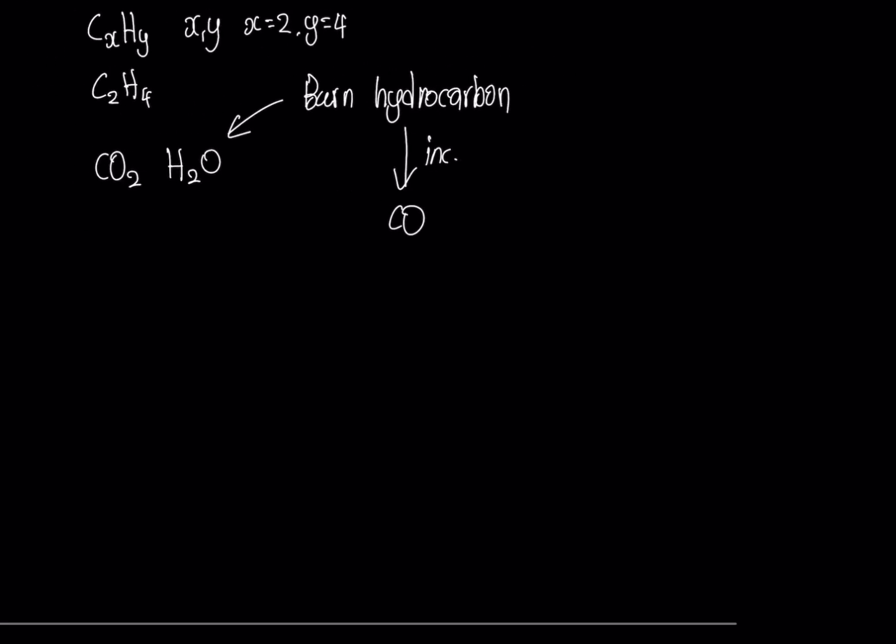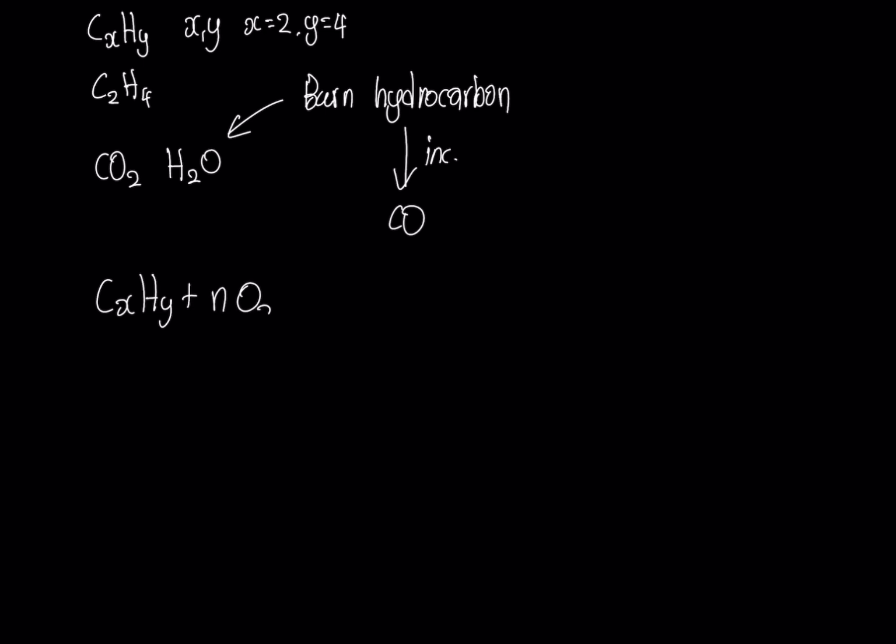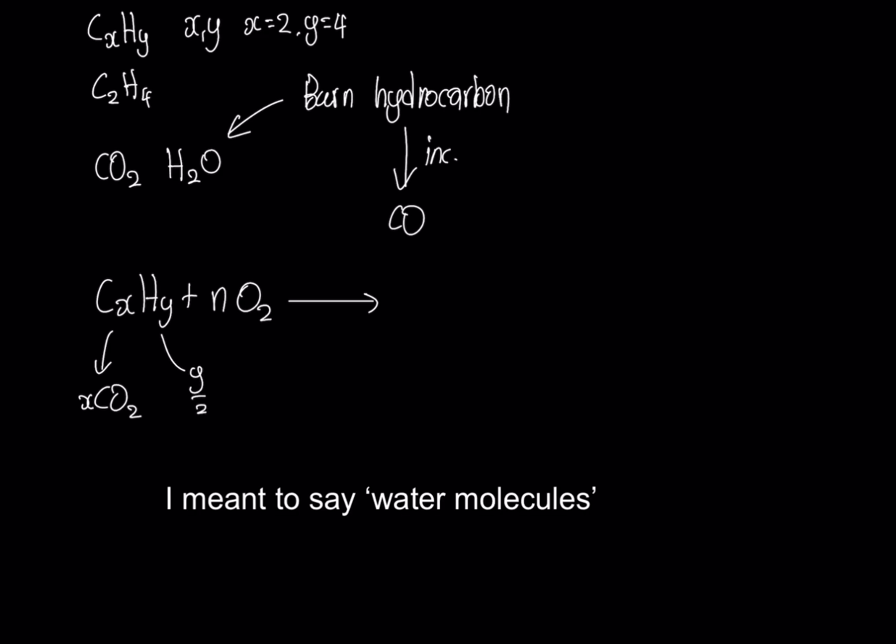So if I completely combust this hydrocarbon, I will write n oxygens. Let's say lowercase n oxygens, and then I will get, well, for complete combustion, x CO2 molecules, and y over 2 water molecules, right?